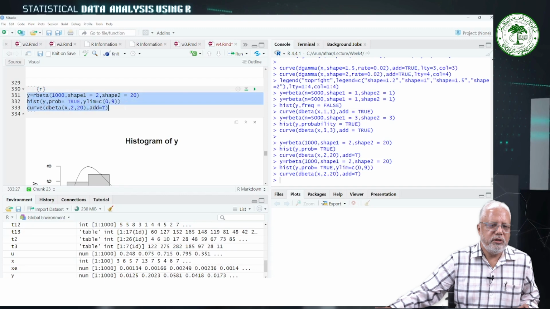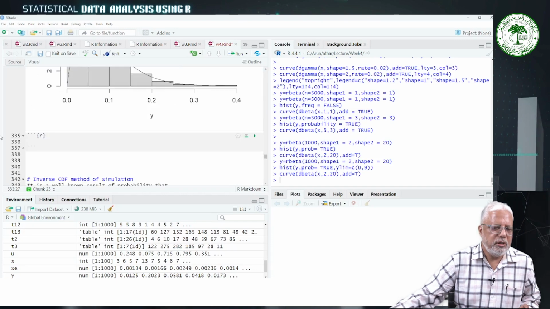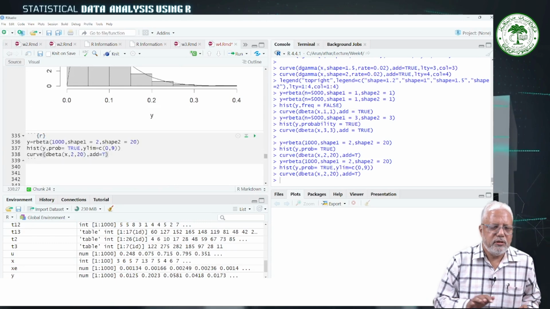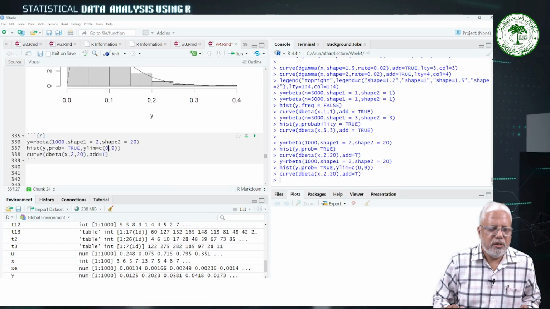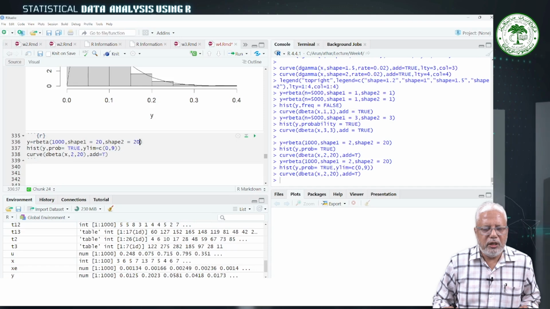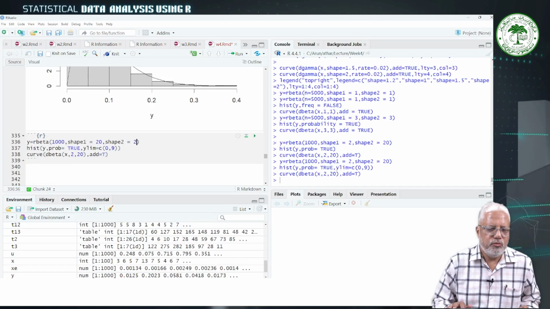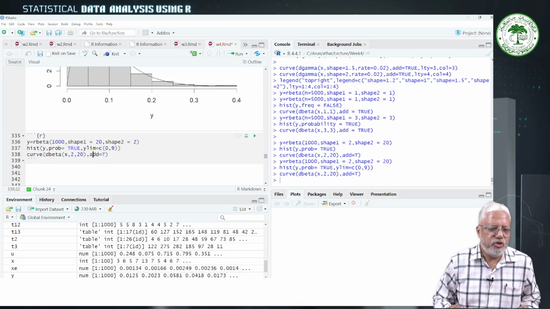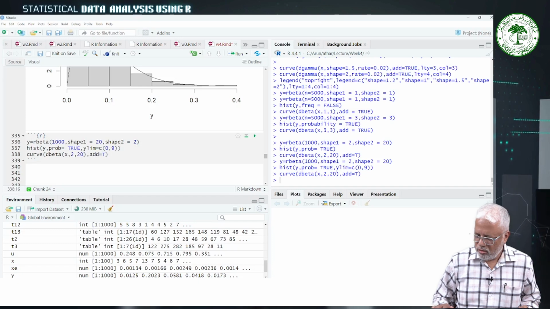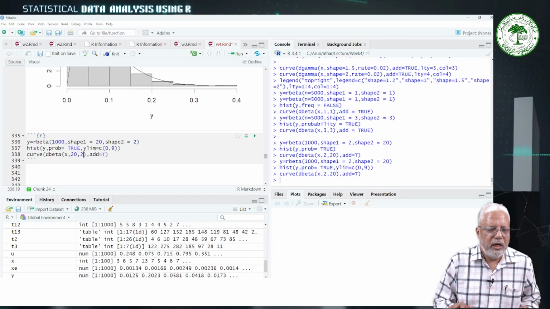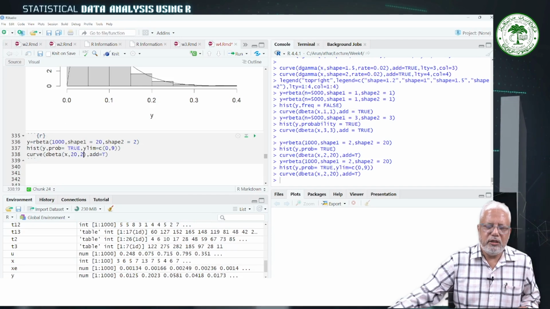See how I am changing. Control C, and then I am going to paste in this. So here instead of 2, we are keeping 20, and shape 2 we are keeping 2.